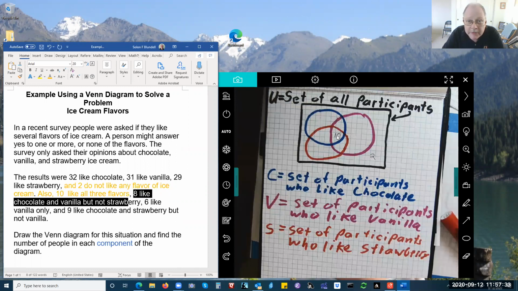We're not one of those 10 people who like all 3. So we have 8 people out here who are in V intersect C, but not in S.